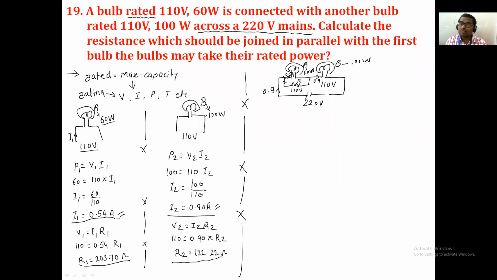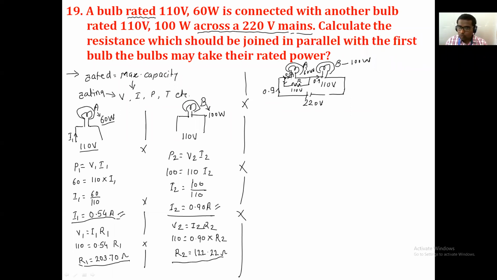मग तो किती करंट असेल या आर मधून फ्लो होणारा करंट? 0.36. How can you calculate it? 0.90 minus 0.54. Absolutely correct.